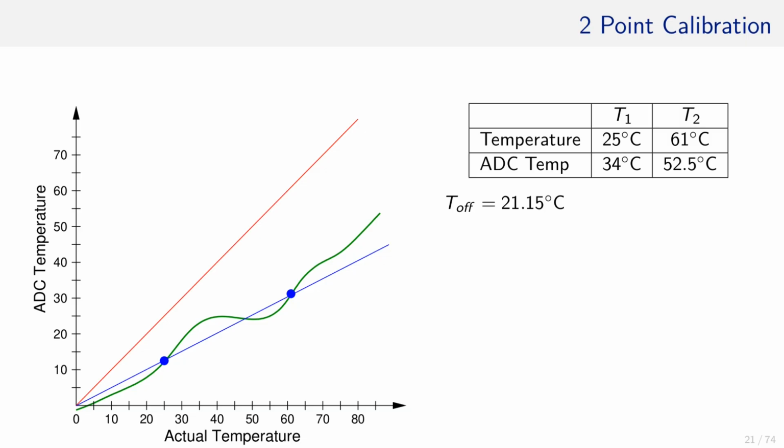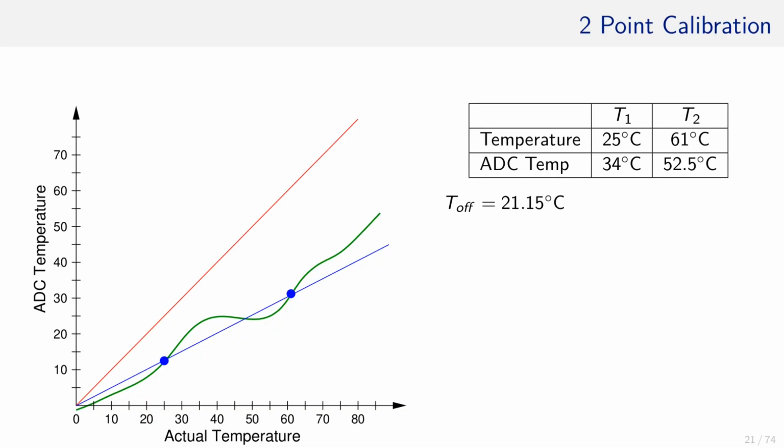With that information, we subtract all returned temperature values by 21.15 degrees Celsius, which essentially means that we shift the blue line by 21.15 degrees Celsius towards the x-axis.